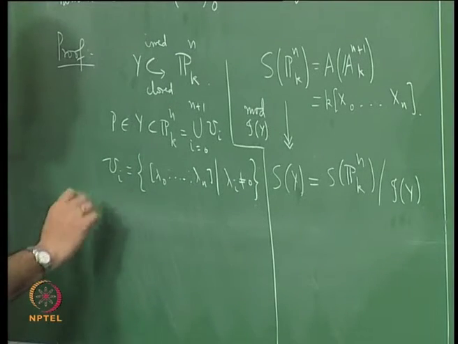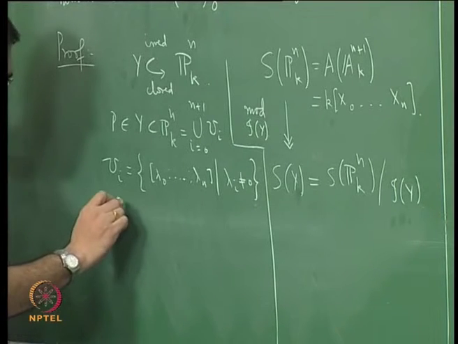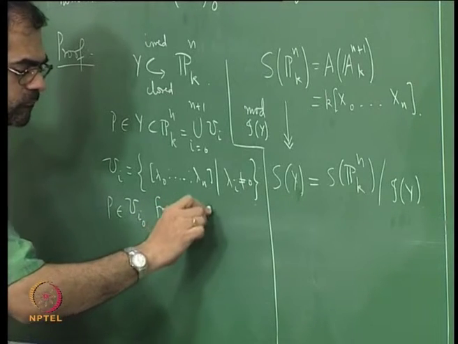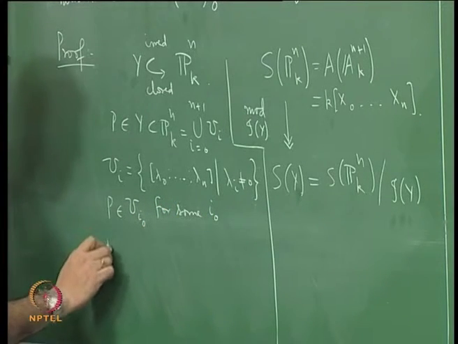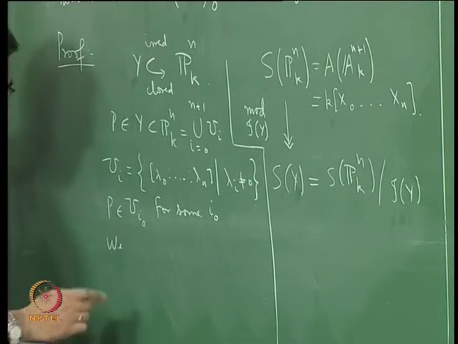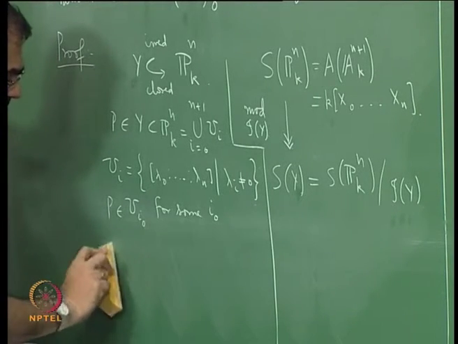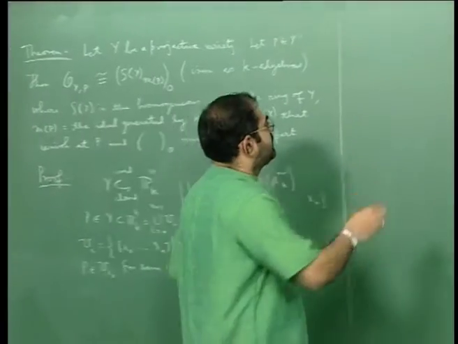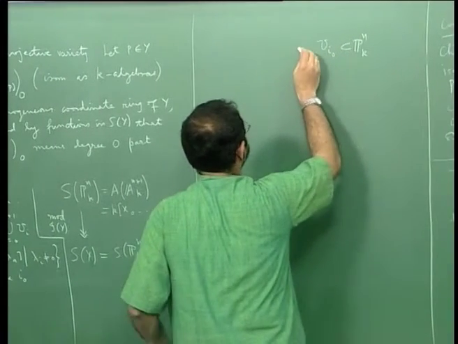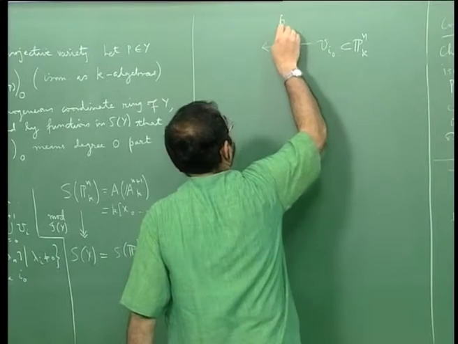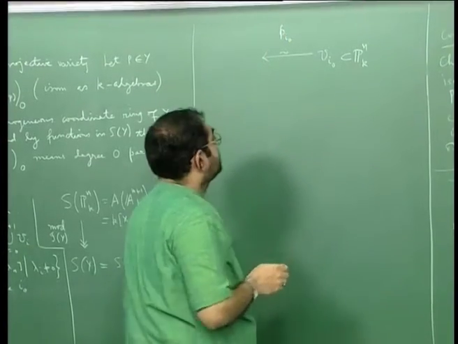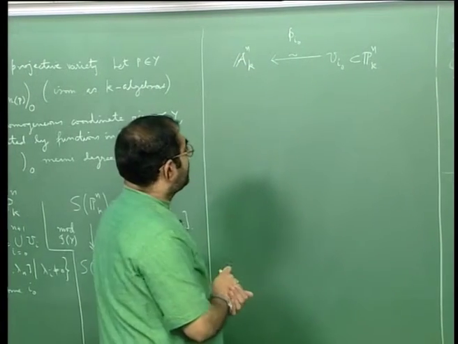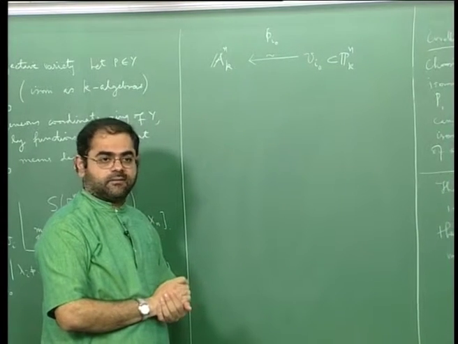So p belongs to U_{i_0} for some i_0, without loss of generality. So let it be like this. We do the following thing. I have this U_{i_0}, which is isomorphic via the morphism phi_{i_0} with affine n-space, and we saw this in the lecture before the last lecture.